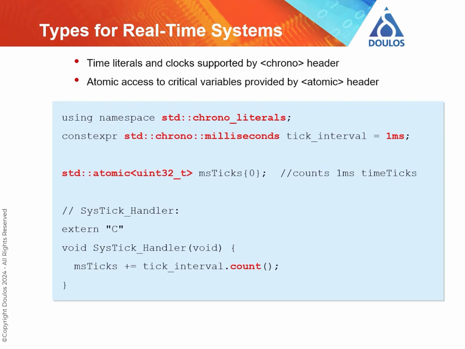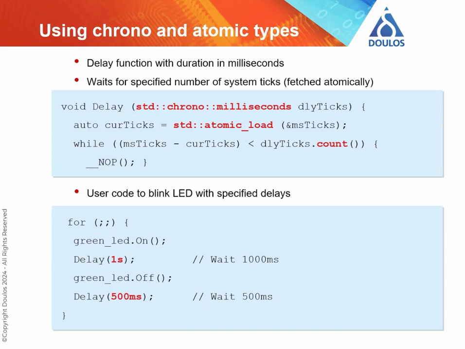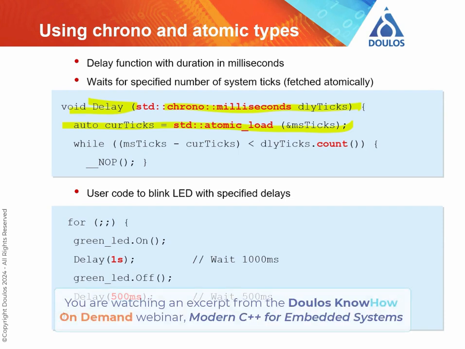Continuing with that, here we've got an example using both the chrono and atomic types with a delay. We've created a simple delay function that's going to be passed a delay time in milliseconds, and then we're going to access the atomic ms-ticks with this atomic load operator, and then we've simply got a spin lock that's going to be cycling around doing no-op instructions until we get to the appropriate number of ticks given by our delay ticks count.